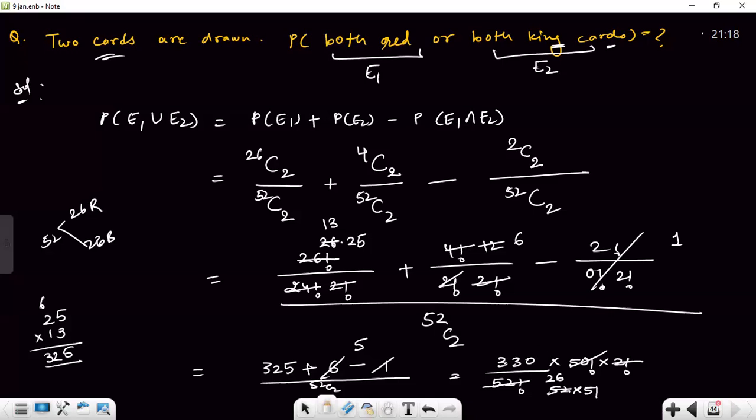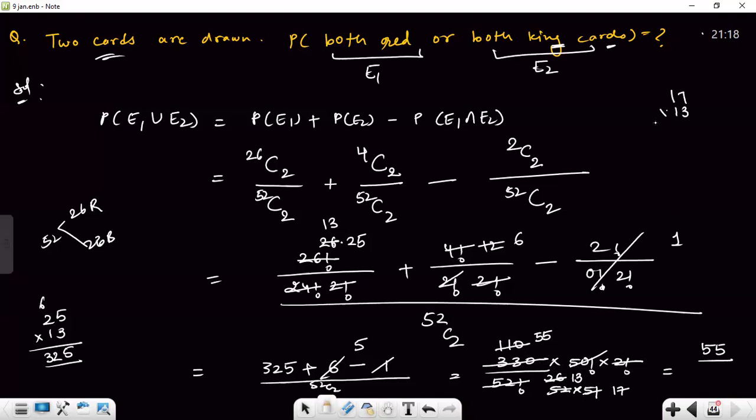So yes, we know that 330 is divisible by 3, giving 110, and 51 by 3 is 17. Both are even numbers, so 26 by 2 is 13 and 110 by 2 is 55. Now I cannot see any other multiples. This has become 55 upon 13 into 17.